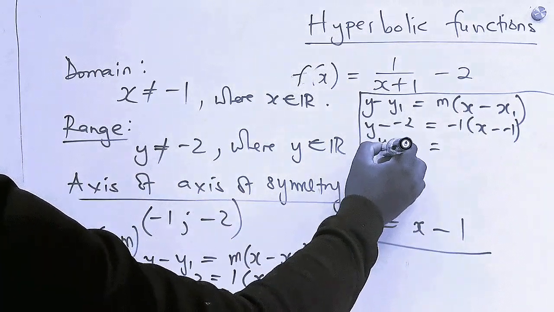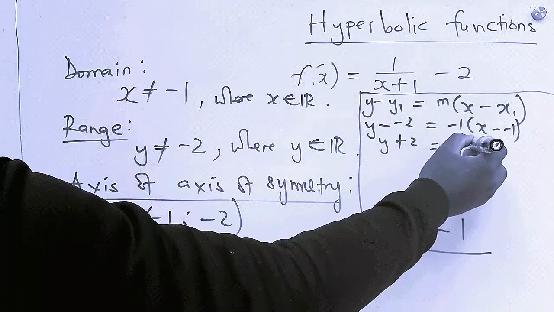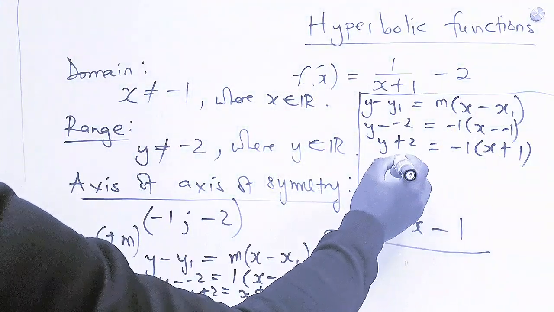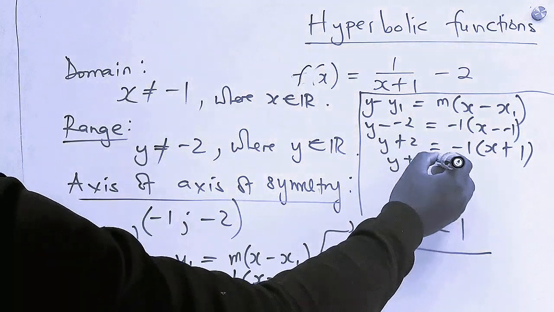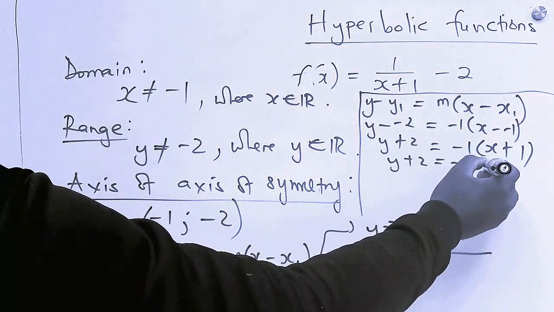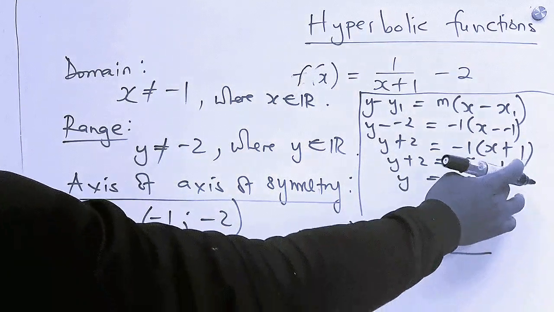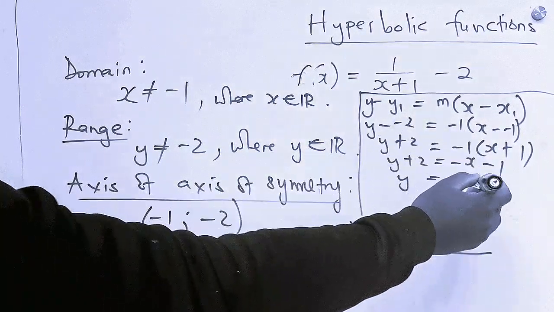This will be y plus 2 is equal to -1 times x plus 1. So y plus 2 is equal to minus x minus 1. So y is equal to minus x minus 1 minus 2, we get minus 3.